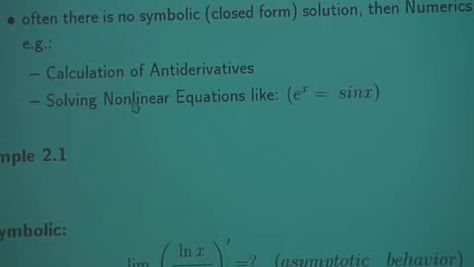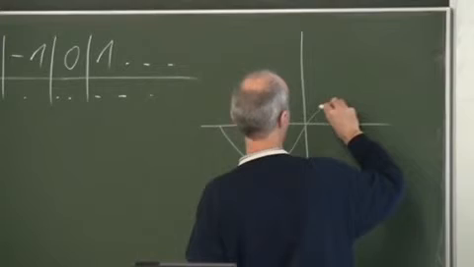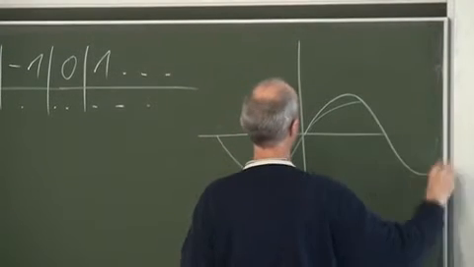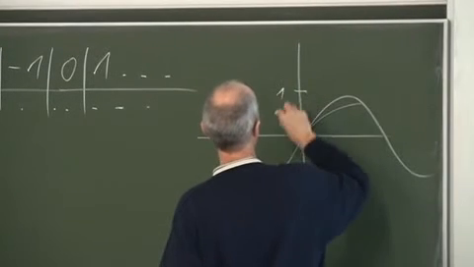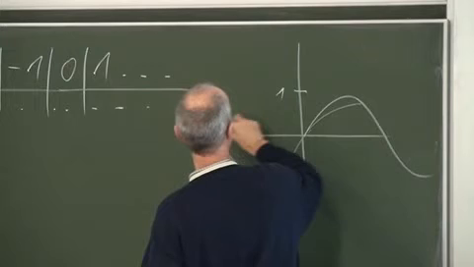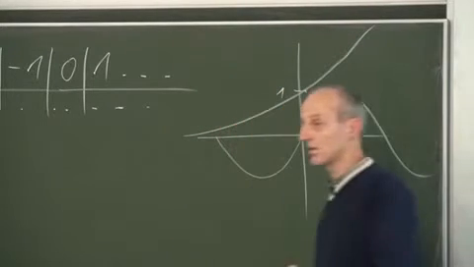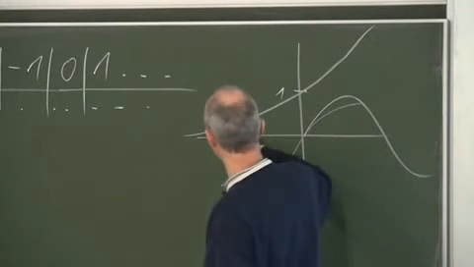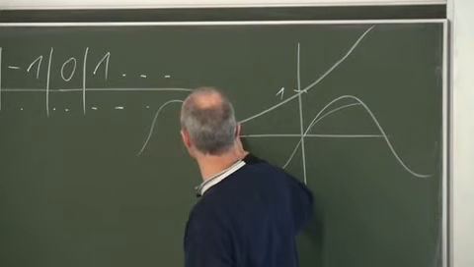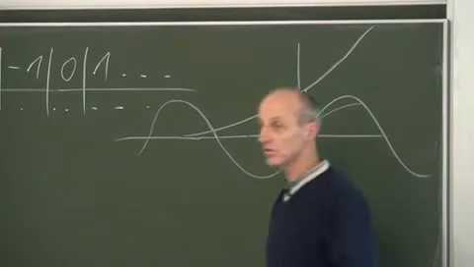How does it look? Here we have 1, and it looks like that. And there are, of course, infinitely many negative solutions.